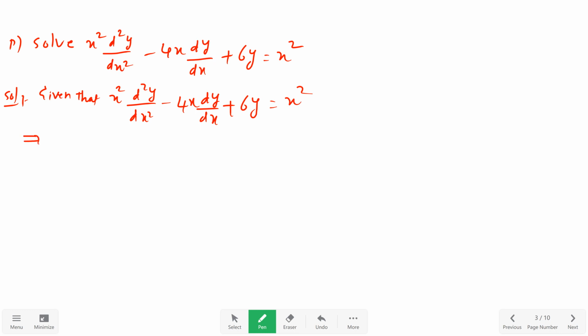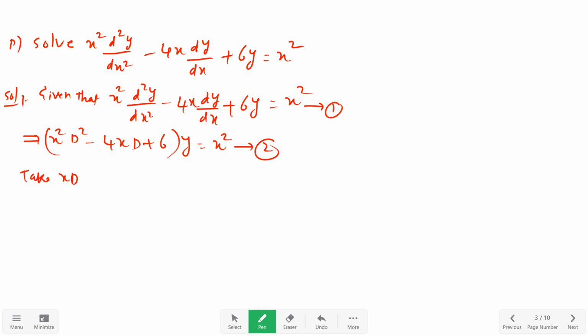So x square D square minus 4x D plus 6, into y, is equal to x square. This is equation number 2, and the previous one can be taken as equation 1. Next we write the values: take x D is equal to theta, and x square D square is equal to theta square minus theta.